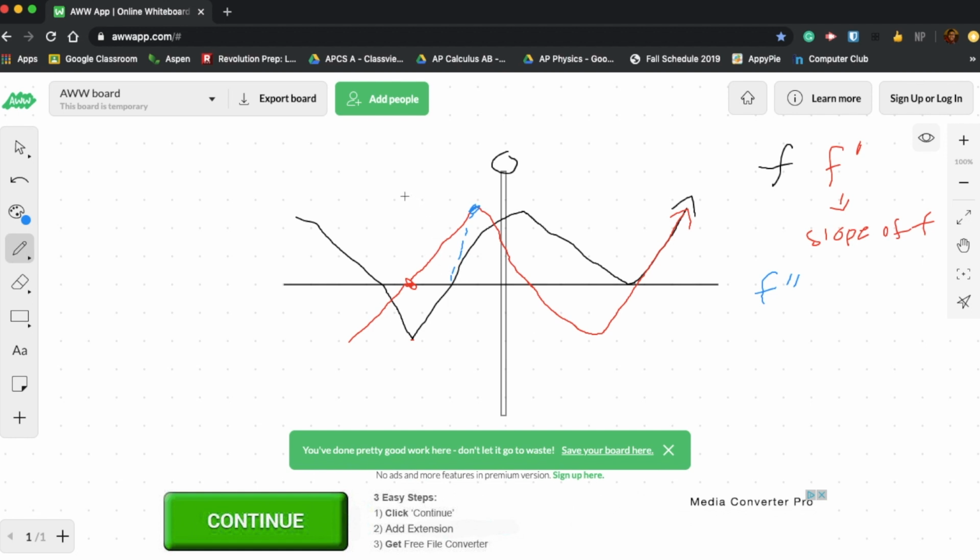So it has a positive slope all the way up till that value, and then it goes down because the slope is negative. And then at around this value, see right here, the slope goes positive. So then our f double prime will be positive, and it keeps being positive, so it's just going to be like a parabola. This indicates the slopes of f prime.